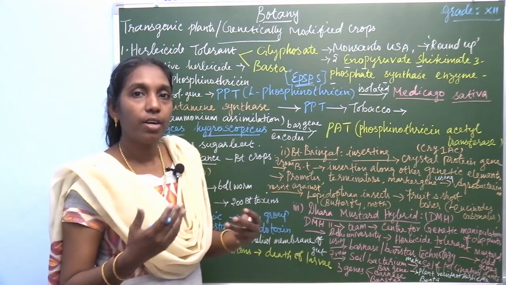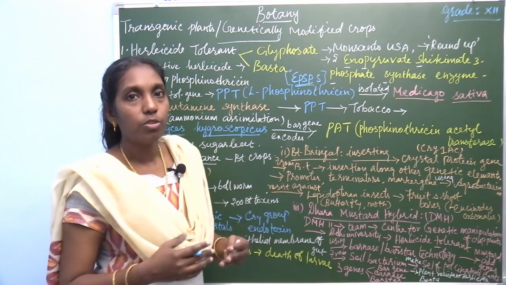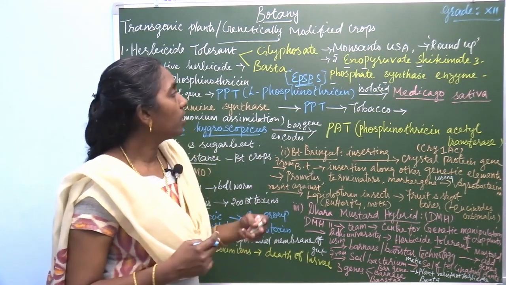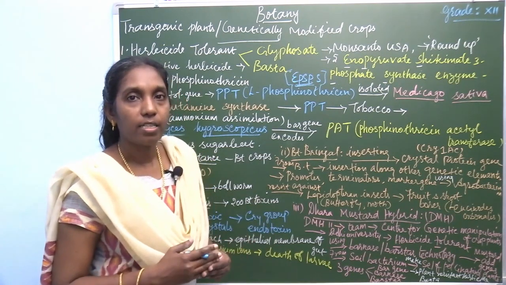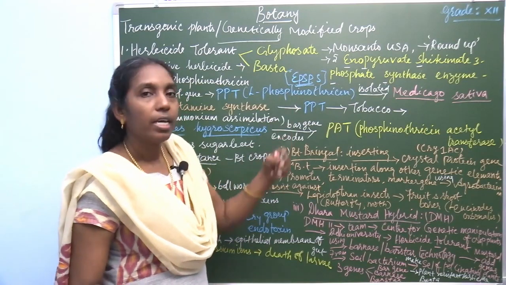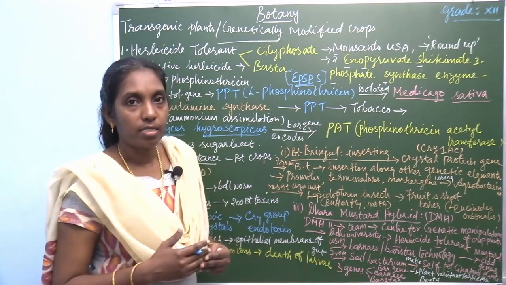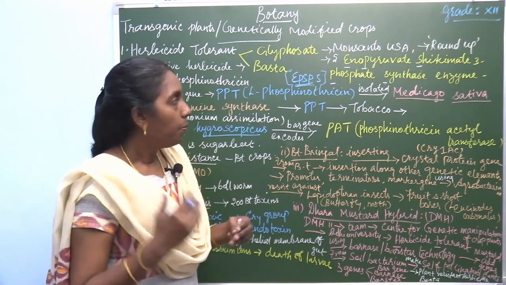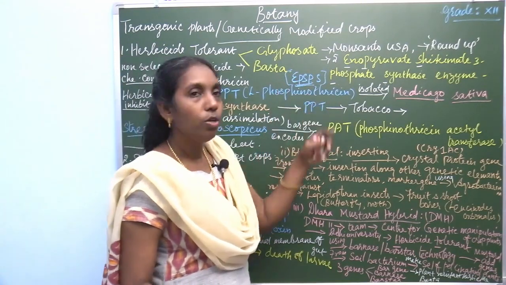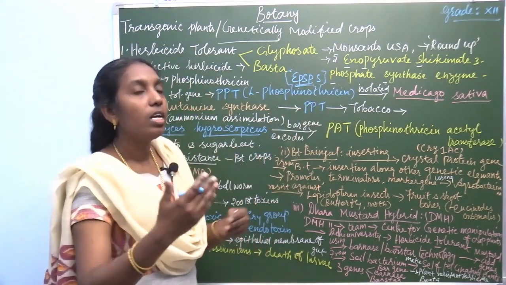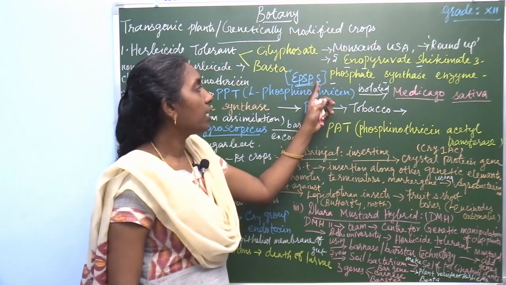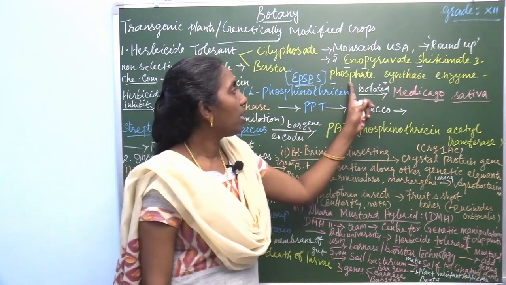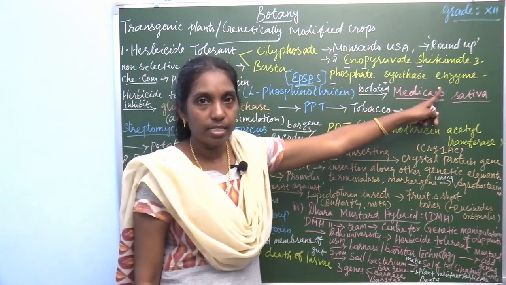There are several methods to introduce genes into plant cells, but the two methods are, one strategy is that the genes are incorporated into the cells to produce tolerance to this EPSPS enzyme, the enolpyruvylshikimate-3-phosphate synthase enzyme.